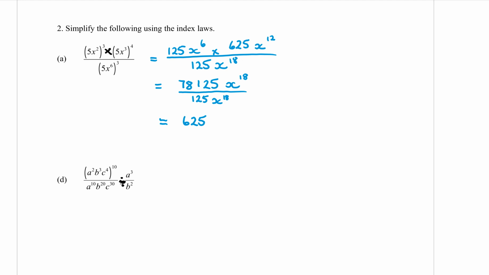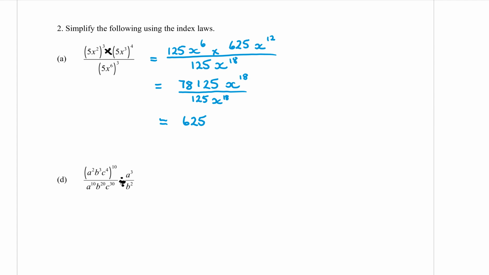Now the x's, there's an x on the top and an x on the bottom, so both have a base of x. And when we're dividing, we would want to subtract those powers. So we have 18 minus 18, which makes 0. Those x's disappear. Okay, so that one is actually finished. All the x's disappear, and the answer is just 625.